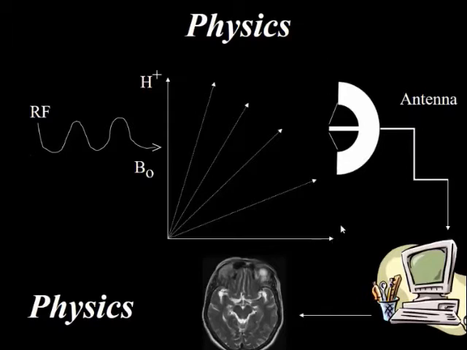So they give off the energy slowly to the adjacent protons and come back to equilibrium, or their original state. And when they are coming back to the equilibrium, there is an antenna which captures these signals and converts them into an image. So that is the simplest way we can explain how an image is formed on MR.